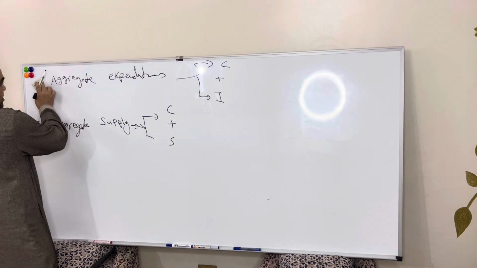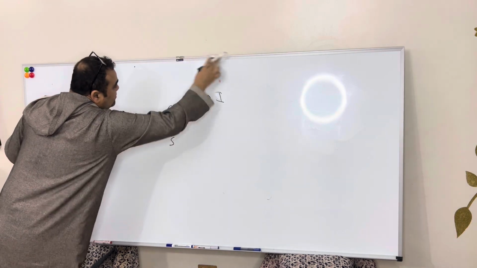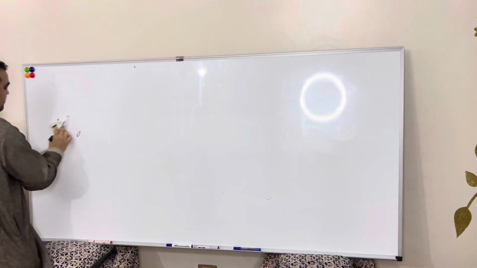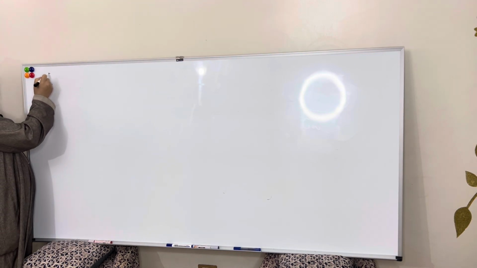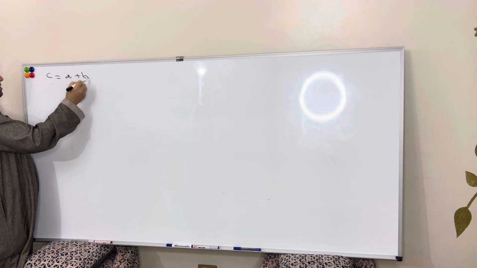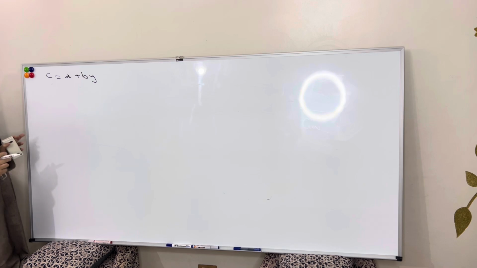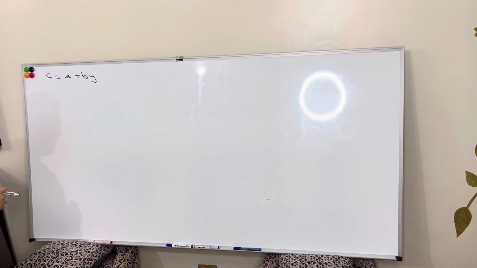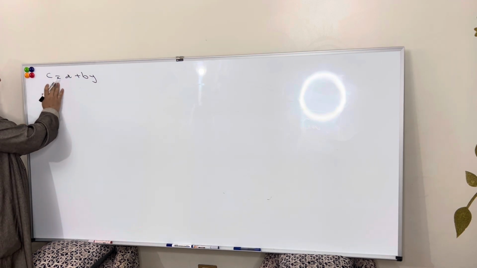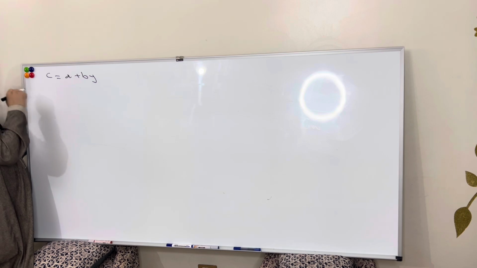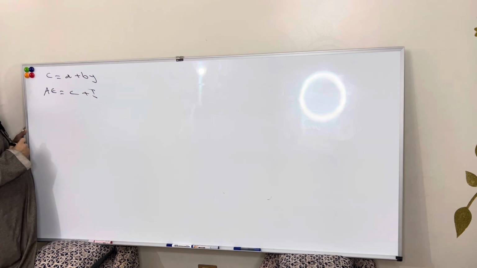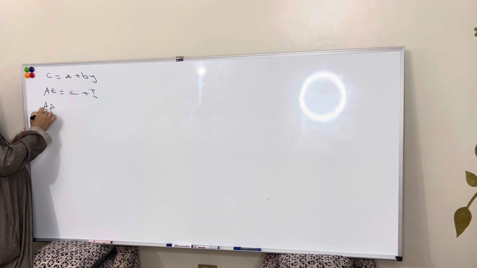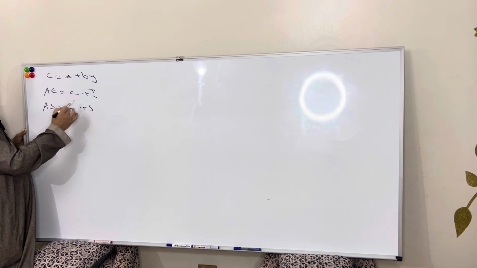Now, let's go to the equilibrium. The equilibrium occurs in the economy with the consumption function C equals A plus beta Y. When there is no government, no fiscal policy, no taxes, no transfers, C equals A plus beta Y. The aggregate expenditures equals C plus I. The aggregate supply in this economy equals C plus saving.